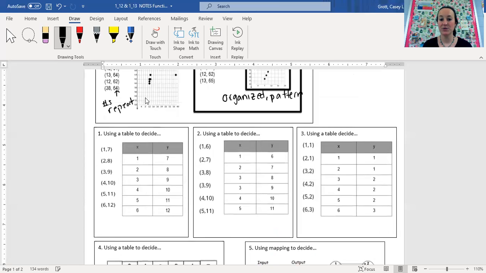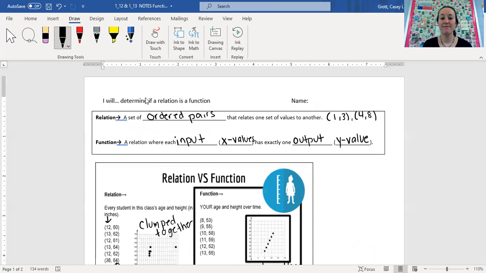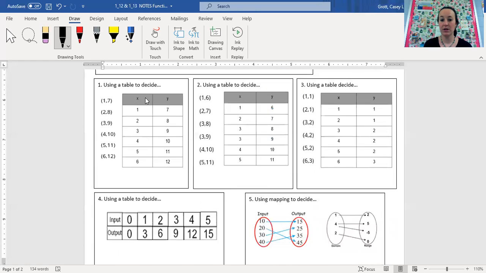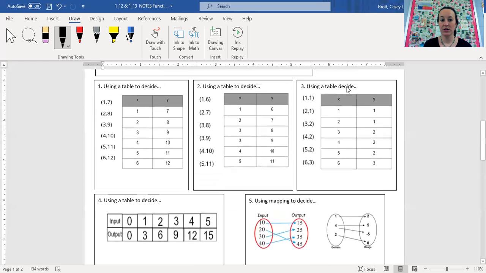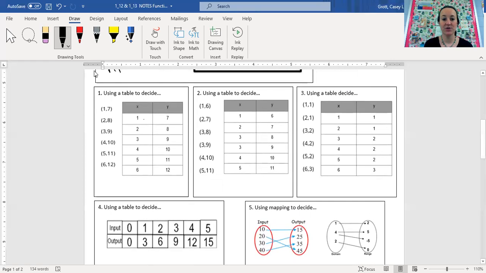Let's go back up to our definition. So we said a function, each input, each x value can only have one y value. So let's look. Each x value, so 1 goes to 7, 2 goes to 8, 3 goes to 9, 4 to 10, 5 to 11, 6 to 12.